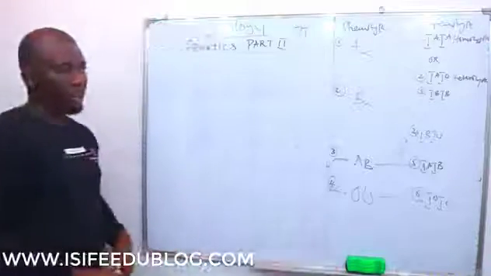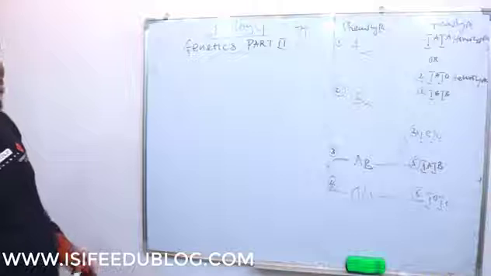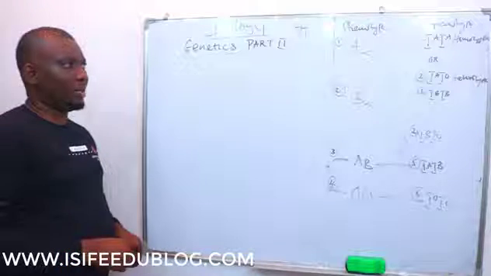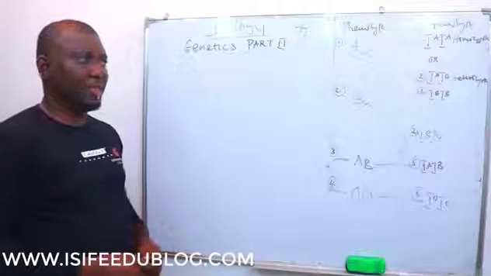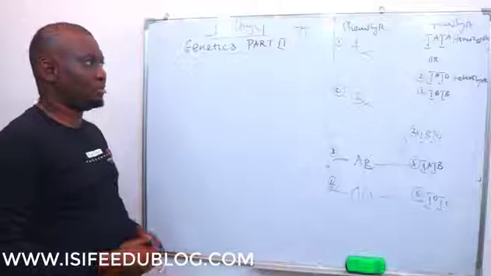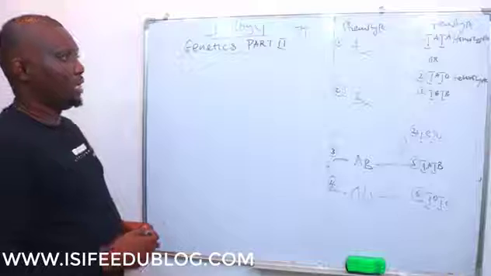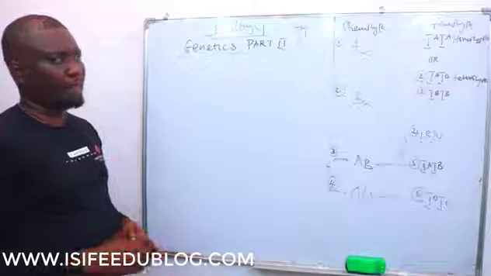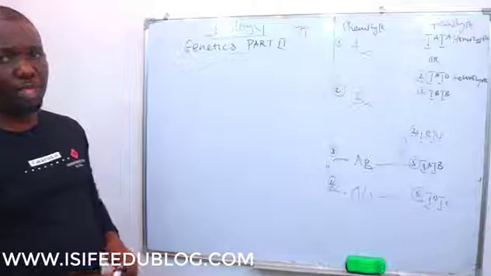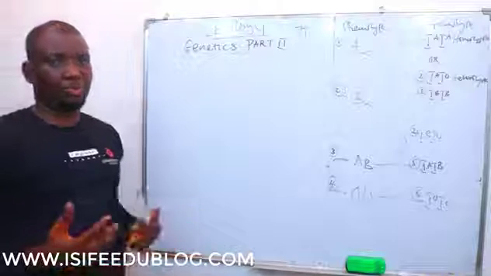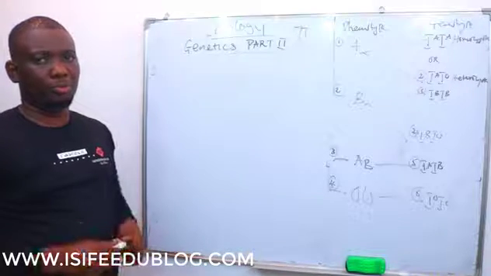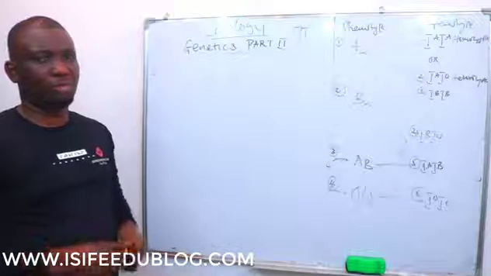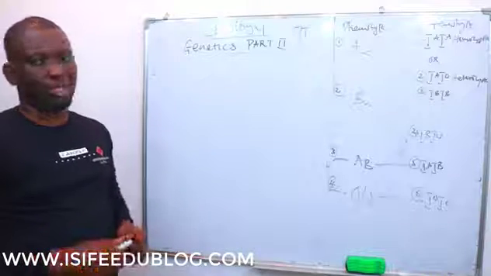It will take us there because I believe you know that in most of our past questions, SSC, most especially UTME, you see questions like a man of blood group A marries a woman of blood group B, and you see questions like, is it possible for both parents to produce offspring of blood group A?